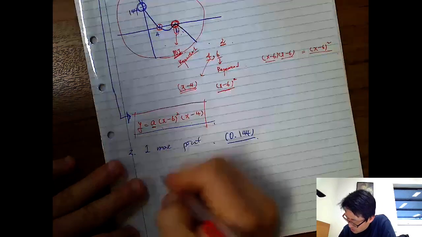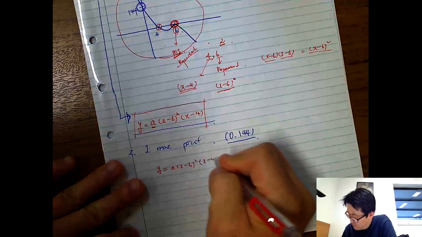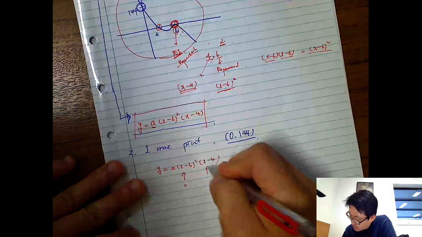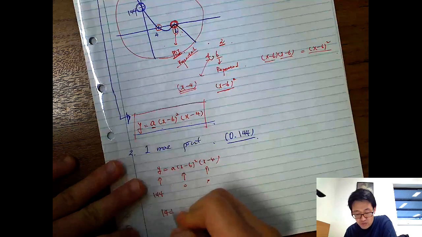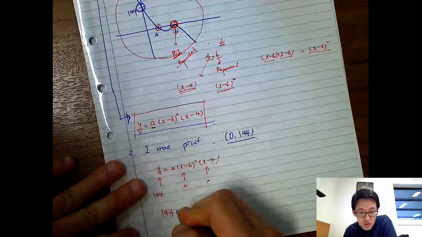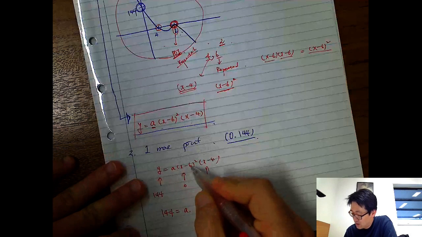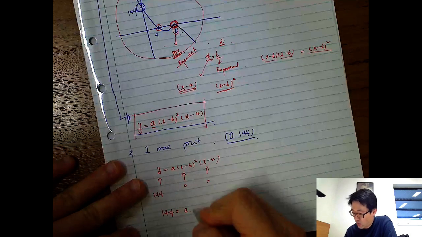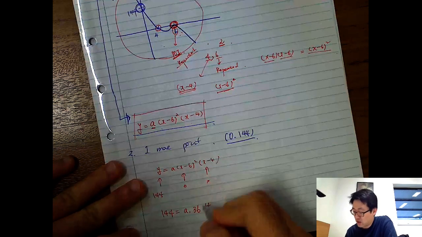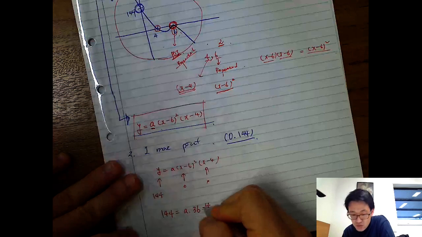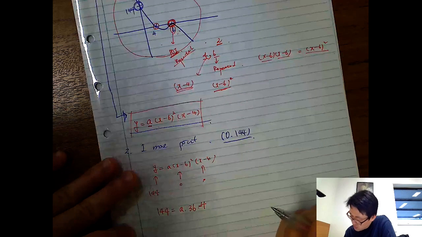When x is 0, y is 144. So 144 equals a times 0 minus 6 squared, 36, times 0 minus 4, oh sorry, it's minus 4. Is that right?